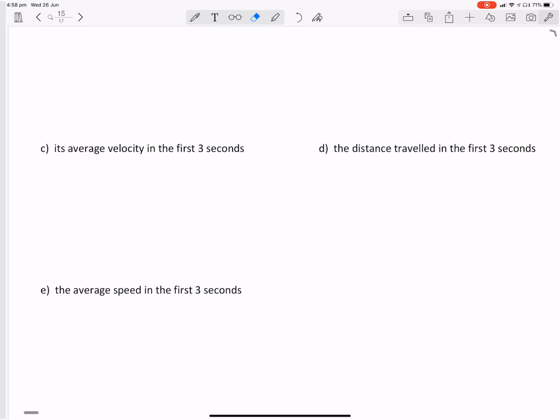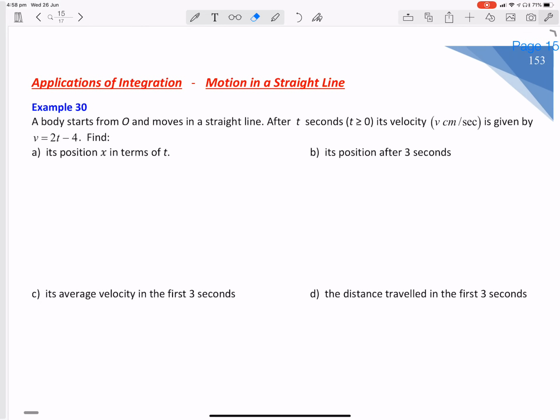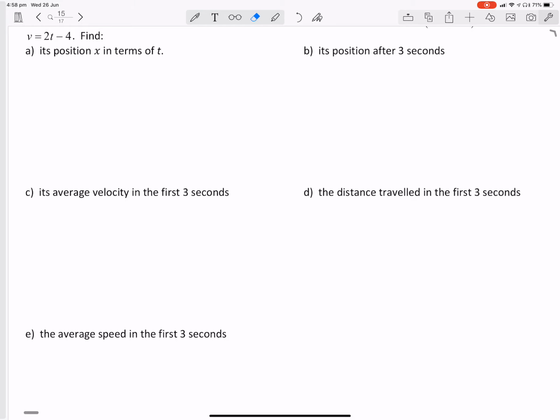The first thing I need to let you know is if they give you something like x of t, which is our displacement function, it tells us where we are at any point in time relative to an origin. If we want our velocity from our displacement, we know that speed is distance over time.